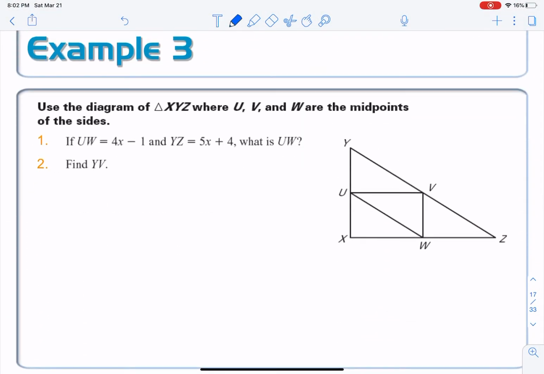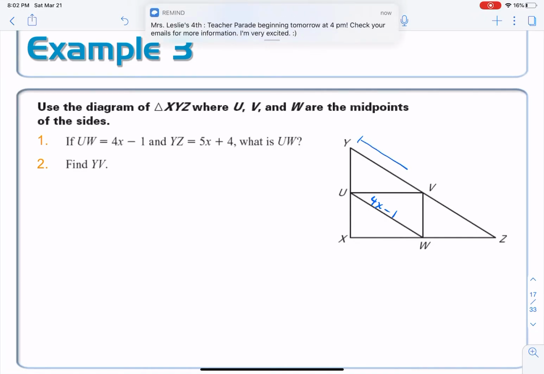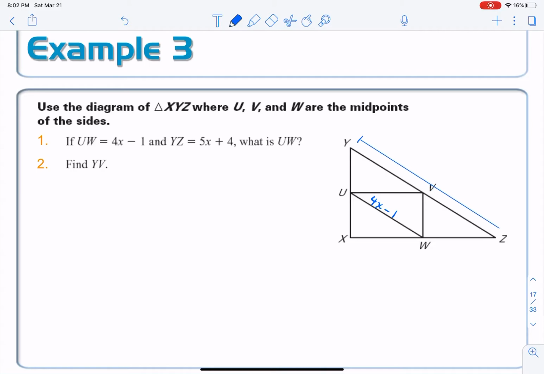Okay. So let's label some stuff on here. So we've got UV or UW being 4x minus 1. And then we have YZ, that's this whole third side of the triangle, is supposed to be 5x plus 4.